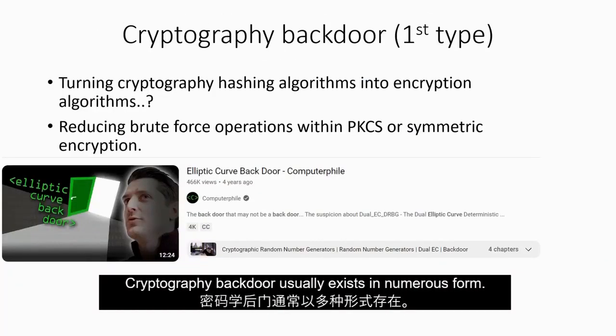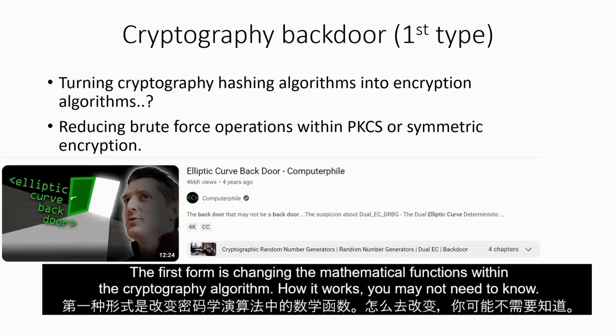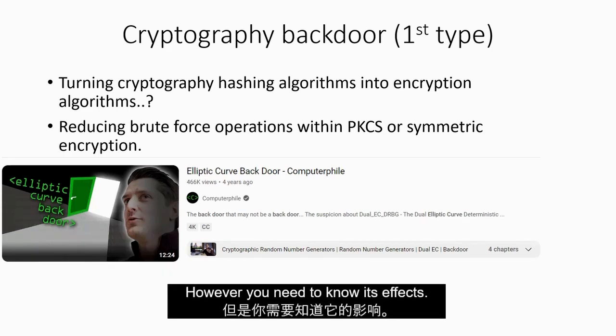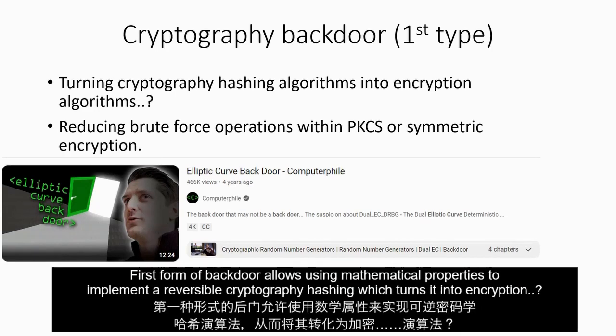Cryptography backdoors usually exist in numerous forms. The first form is changing the mathematical functions within the cryptography algorithm. How it works, you may not need to know. However, you need to know its effects. The first form of backdoor allows using mathematical properties to implement a reversible cryptographic hash, which turns it into encryption.